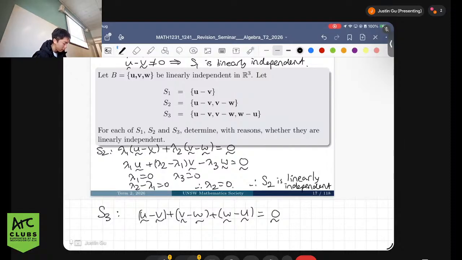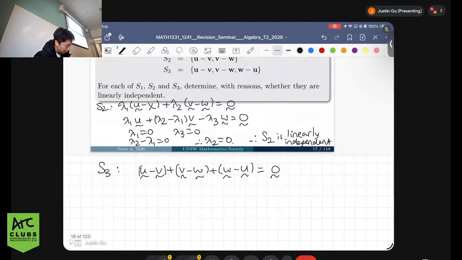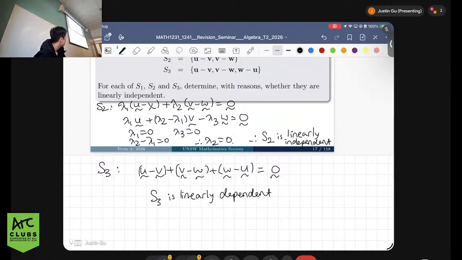However, the coefficients of every single one of these vectors are 1, and that is non-zero. Hence, it means that S3 is linearly dependent, because for it to be linearly independent the coefficients can only be 0. Any questions?